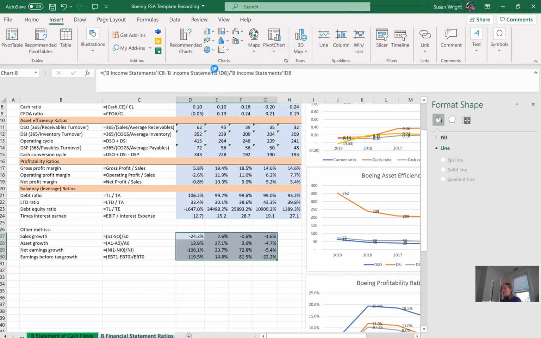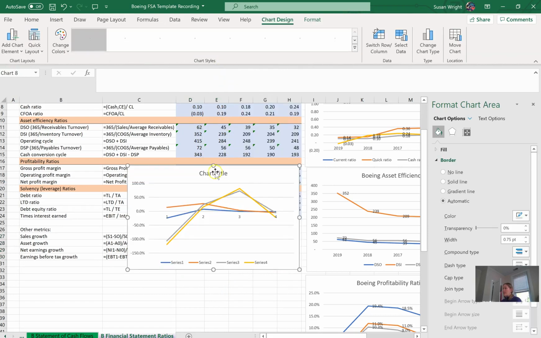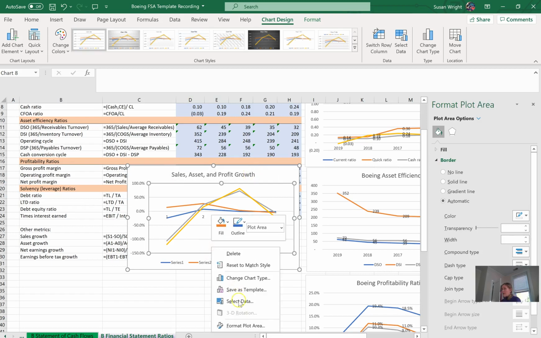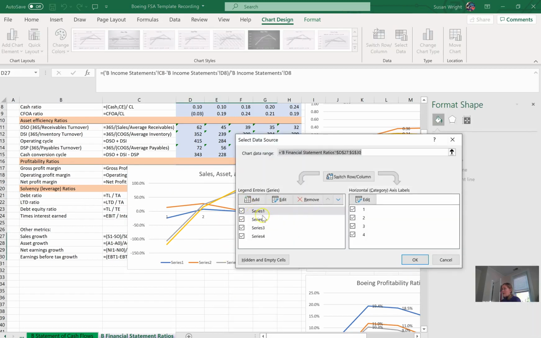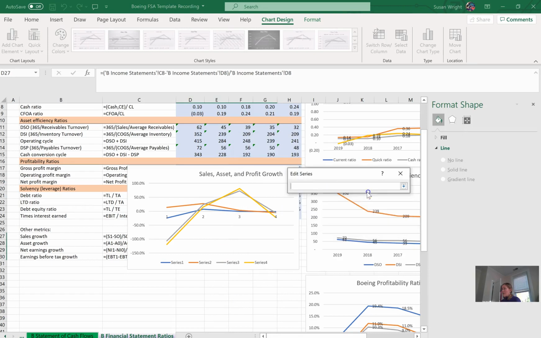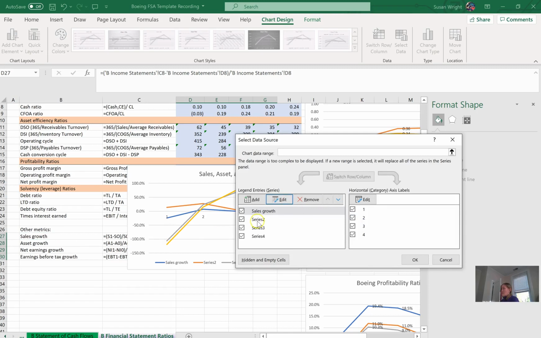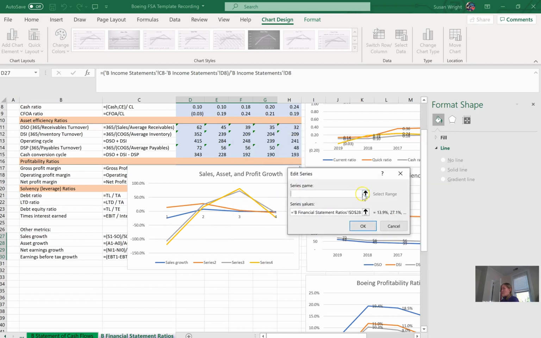But we really should do a line graph for all of those too. Oh yeah, that looks cool. Okay, so these are sales, asset, and profit growth. And we should right click, select data, and let's fix up all these names. So this was sales growth. And this was asset growth.